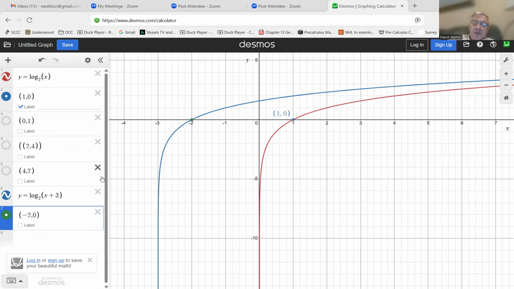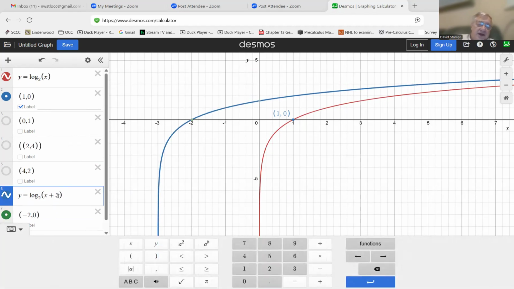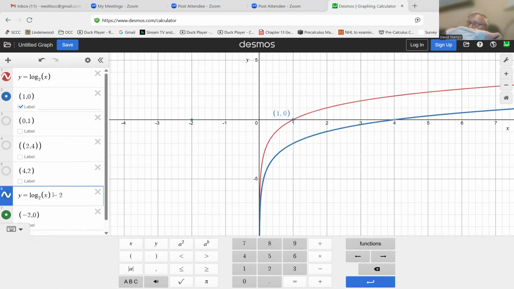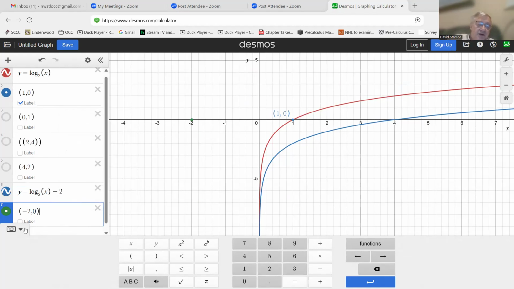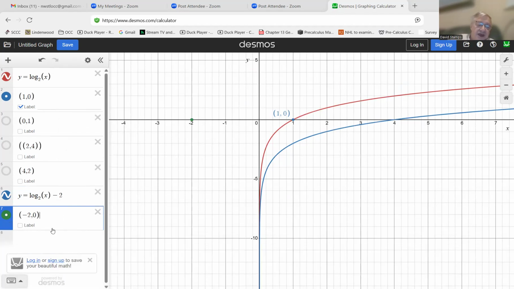And all the same kinds of things would happen with other types of transformations. If I had a vertical transformation, let's say we shifted down 2 units. If I isolated a -2 out here, it would shift the graph 2 units down.